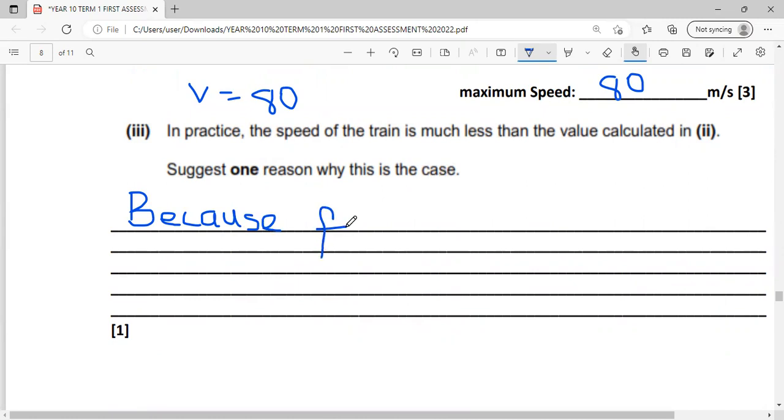Friction opposes motion. So friction would consume some energy.